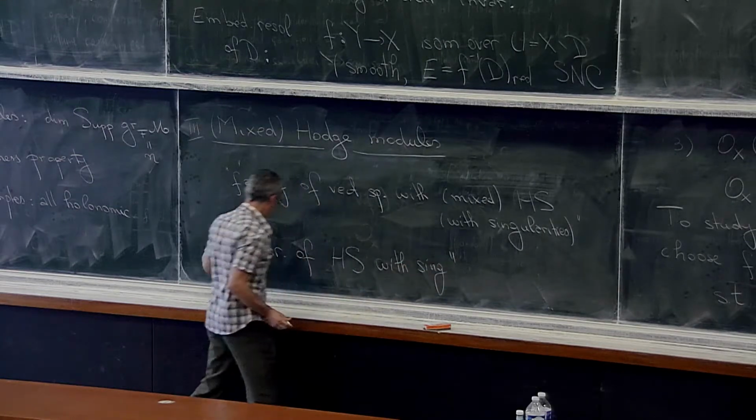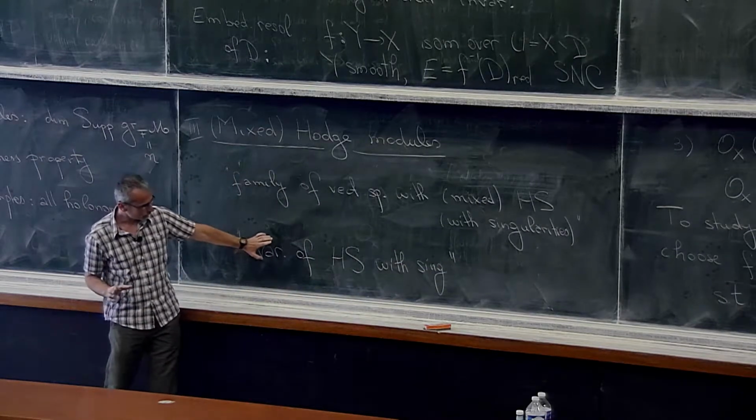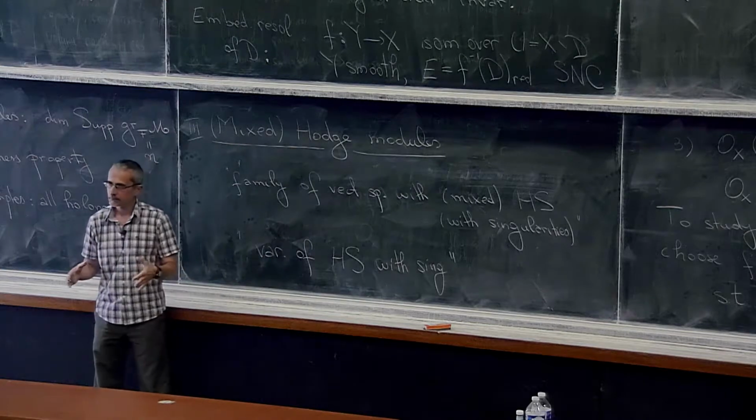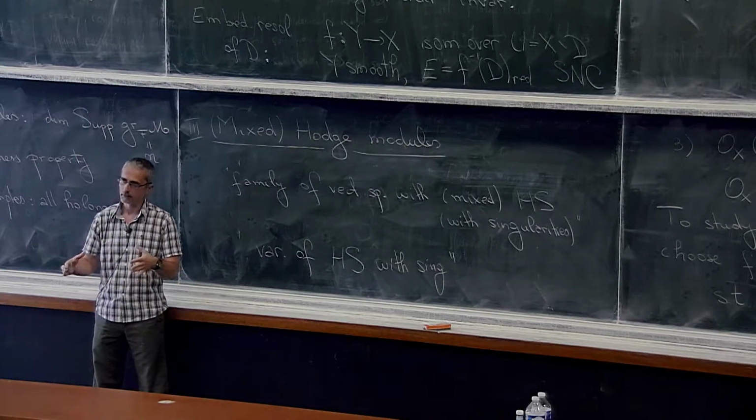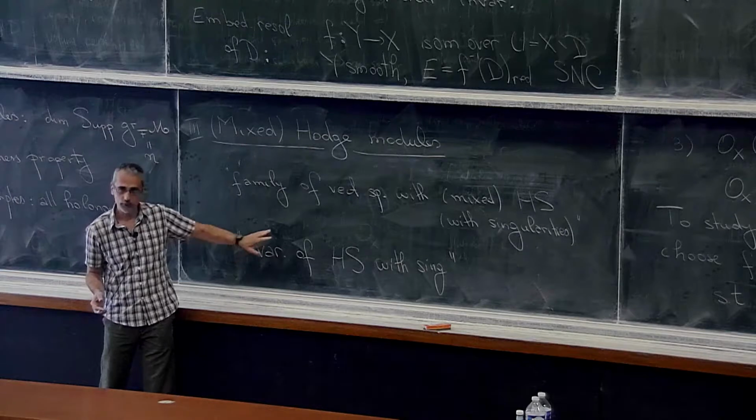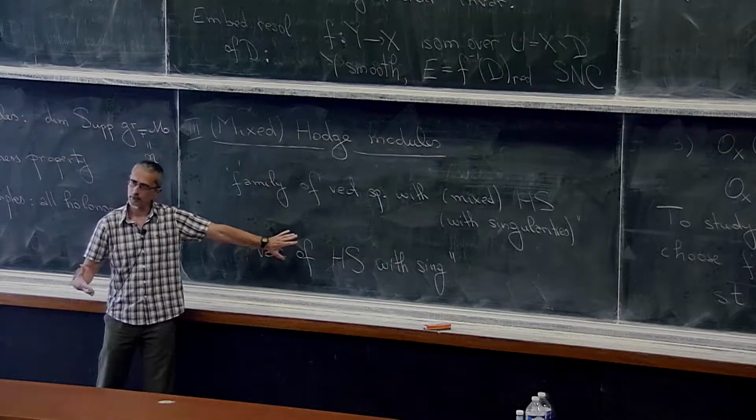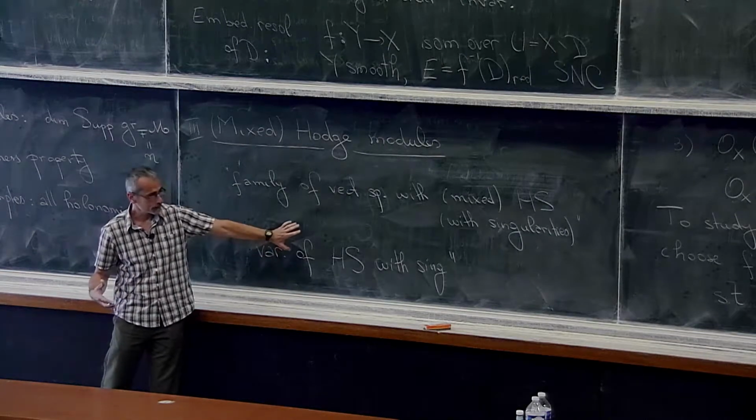And what I mean by this, which is closer to the right definition, is that on some open subset, they are in fact variations of Hodge structures. And somehow the objects themselves come from compactifying such gadgets.